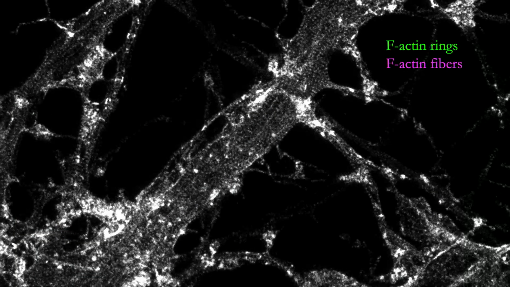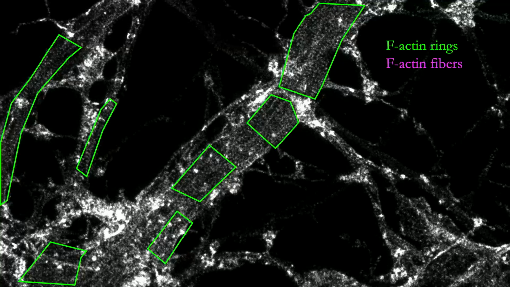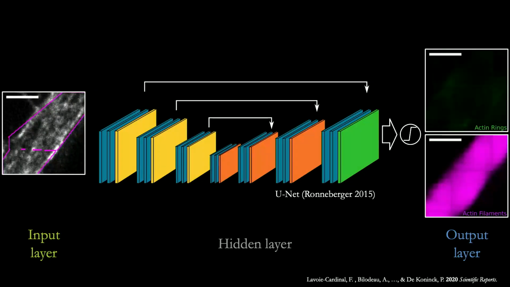So I annotated multiple images. It still took me over 100 hours to create the training data set with bounding boxes for F-actin rings and F-actin fibers. And then we trained just a regular U-Net, which was starting with input images that were annotated and then trained to be able to produce segmentation maps.